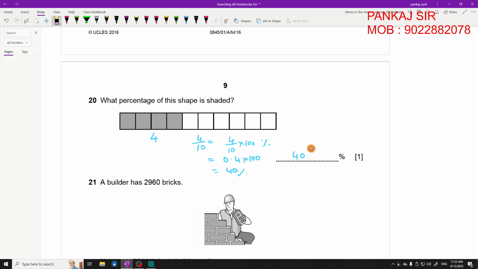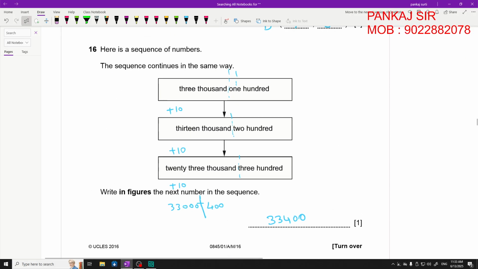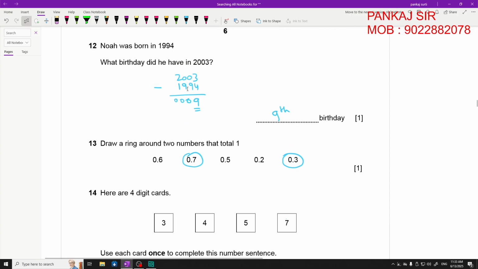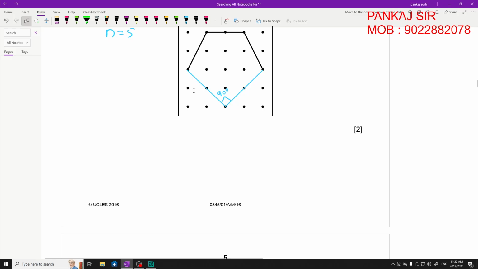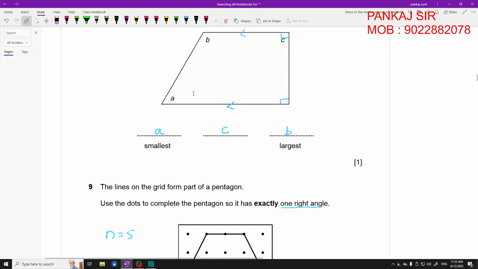So that was the explanation of the first 20 questions for the primary checkpoint paper of April 2016, and this was paper 1. Okay. Now this particular exam is conducted at the end of the 6th grade.